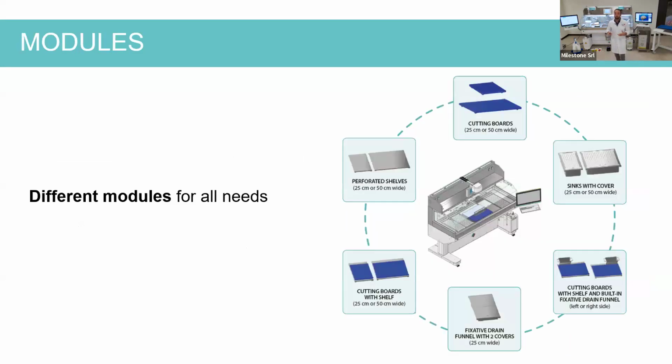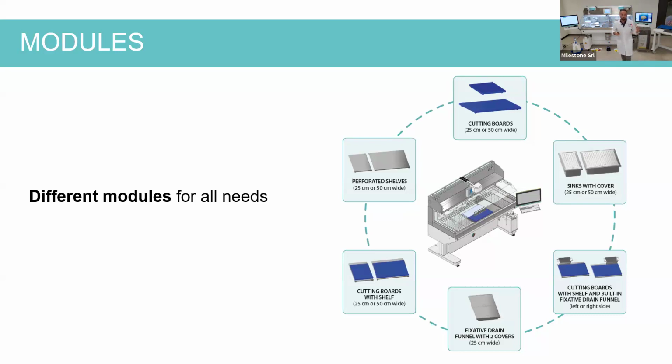Then we decided to design several modules in order to fit the laboratory routine. In particular, remembering what I said earlier, there is no need for a big cutting board for small specimens, so we have the possibility to choose between a bigger cutting board, like this one behind me, and also a smaller cutting board.